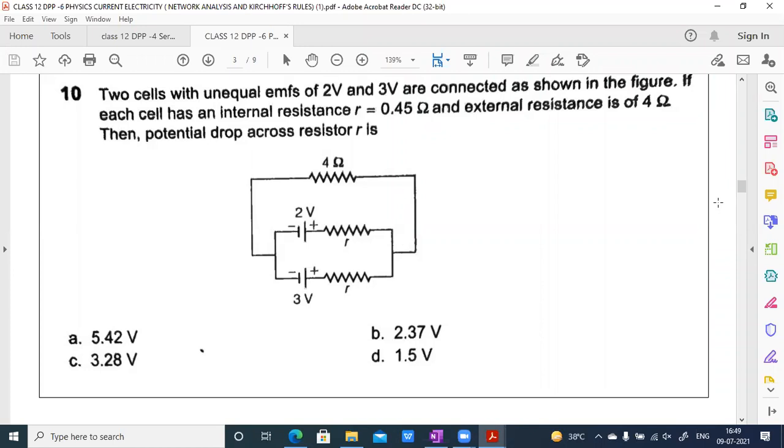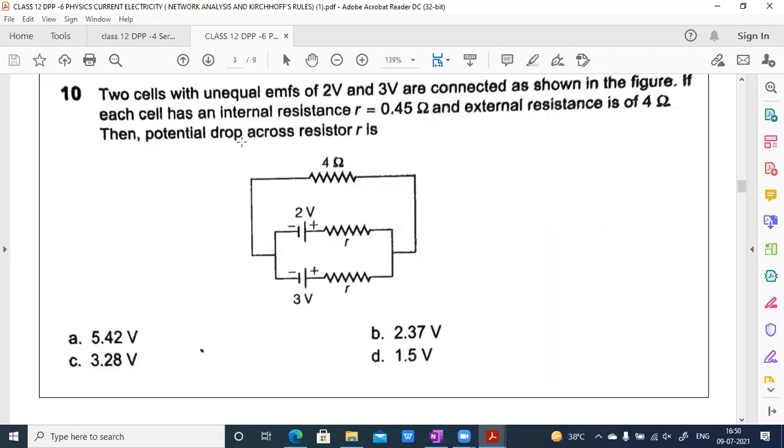You have to solve this right now on your own. 2 volt and... Yes, solve this circuit by using the same formula that we just did.